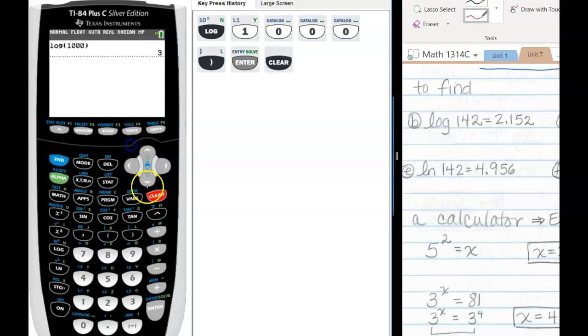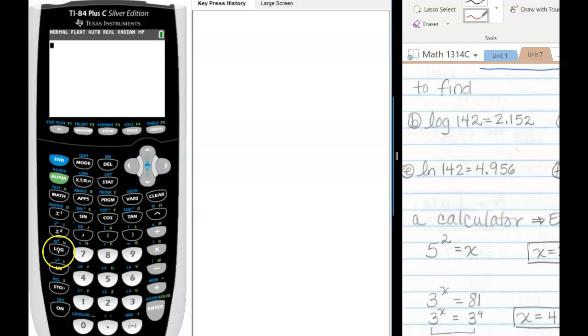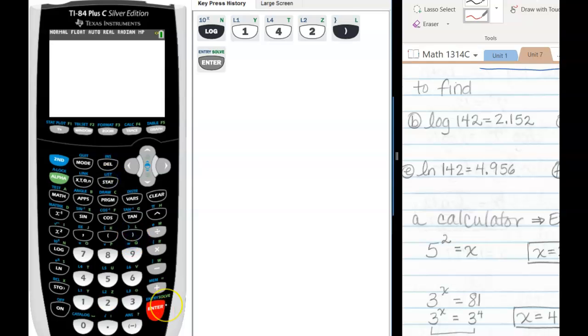So I'm going to clear this, and I'm going to have the log of 142. Close my parentheses and push enter, and we see the value of 2.152. I just rounded it to 3 decimal places.